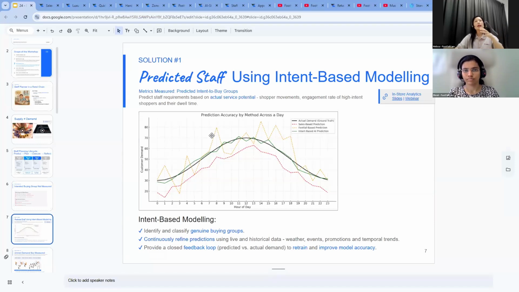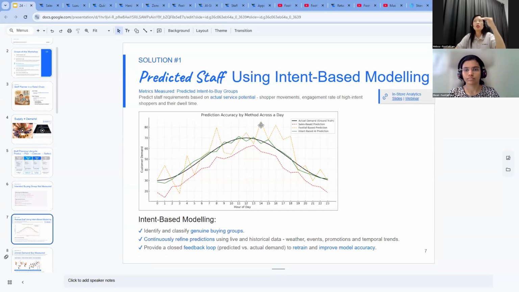on footfall. Like mentioned just now, a lot of retailers just put a general percentage on it, so 30% of my footfall is my demand. So if you're basing it on footfall, that's based on how many people come in at what time of the day.